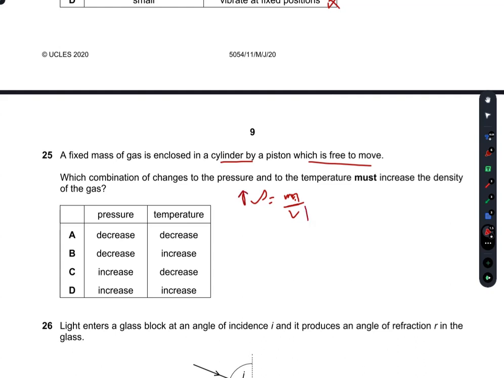Therefore, the volume should be reduced, and volume is indirectly related with pressure by Boyle's law, and directly related with temperature by Charles' law. So the temperature should decrease, and that would also decrease the volume. The pressure should increase, and the volume would decrease, and the density would increase. Means C is the right answer.